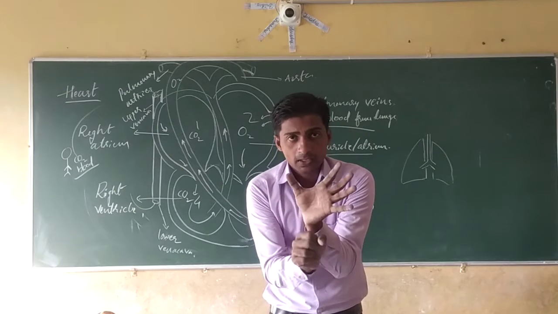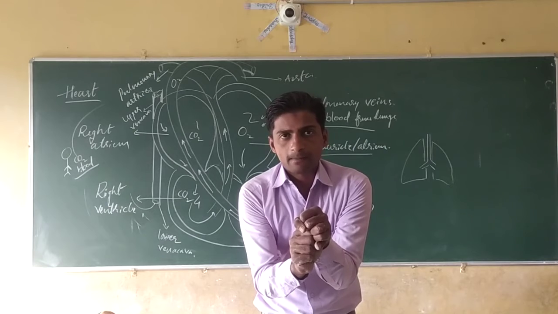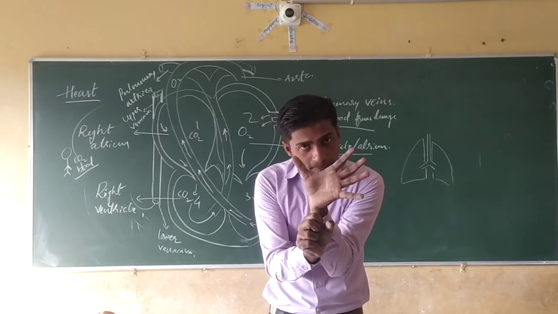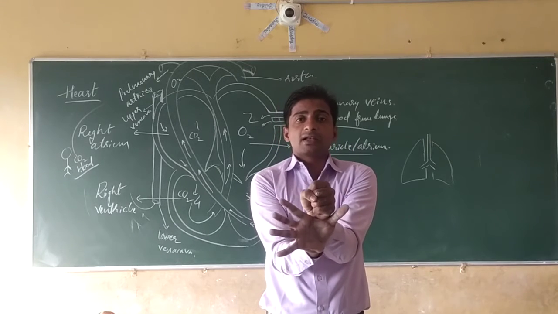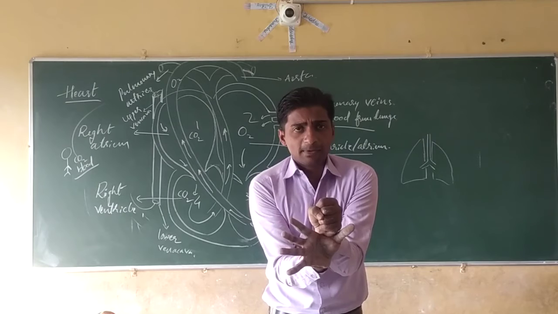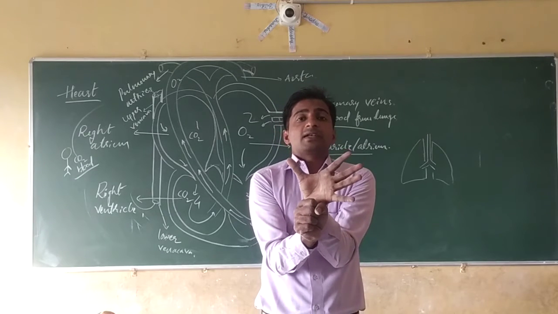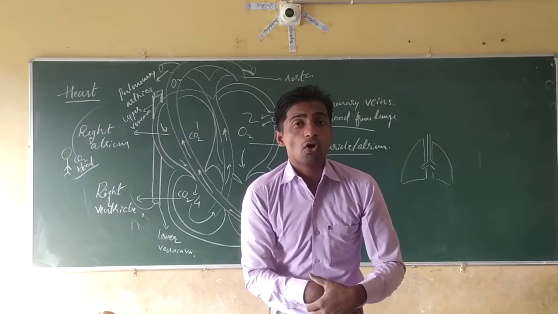See what happens? Not all the chambers contract and relax at a time. It means first the upper chamber contracts, at that time the lower chamber relaxes. When the lower chamber contracts, at that time the upper chamber relaxes. Meanwhile, it will produce pressure on the inner wall.